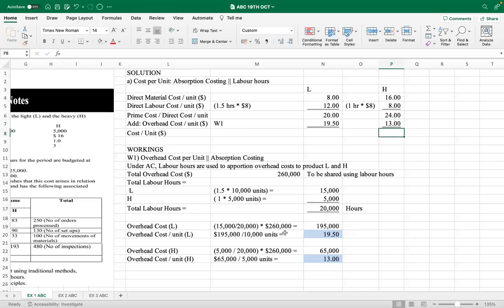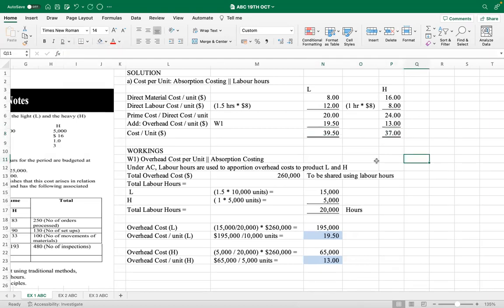So with that, we are in a position to get the cost per unit. What is cost per unit? It is the prime cost plus the overhead cost. So that's how we calculate the cost per unit under the traditional method, which is known as absorption costing.